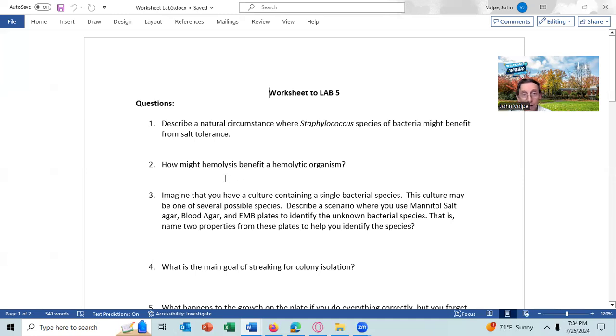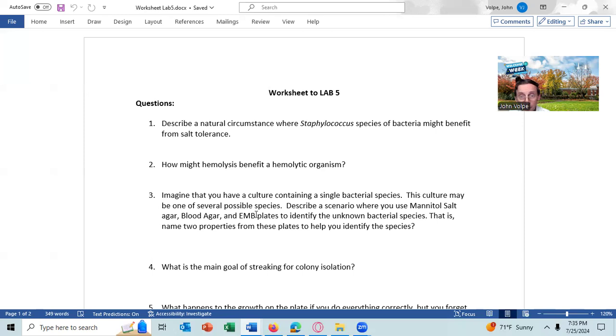And then 2, how might hemolysis benefit a hemolytic bacteria? So this bacteria can lyse red blood cells. How may that benefit the bacteria? And then 3, imagine you have a culture containing a single bacterial species. This culture may be one of several possible species.